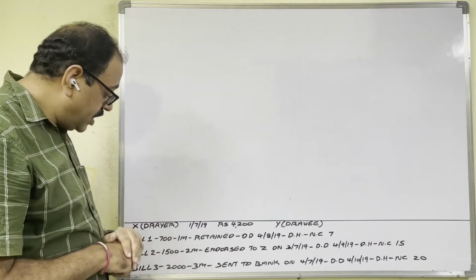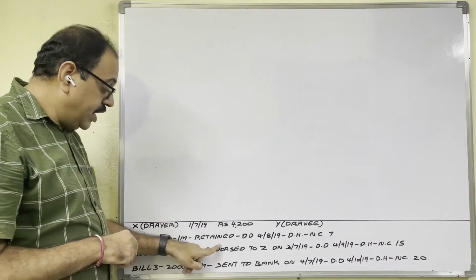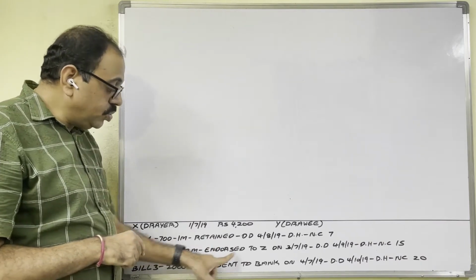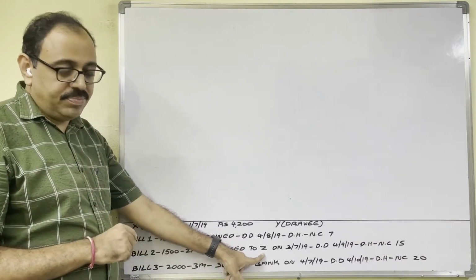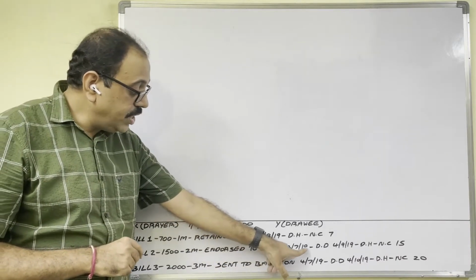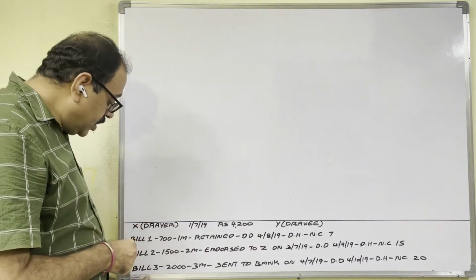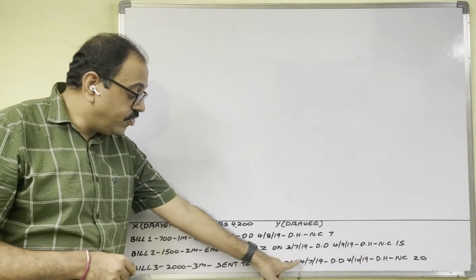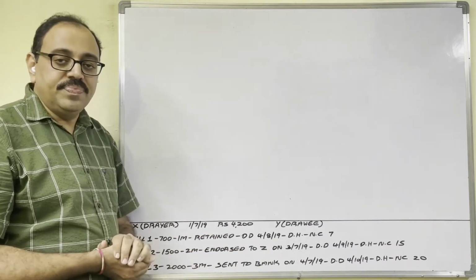Here, 3 modes are given. The first bill he retained with him. The second bill he endorsed to his creditor Z on 3rd July 2019. The third bill for collection purpose he sent to bank on 4th July 2019.